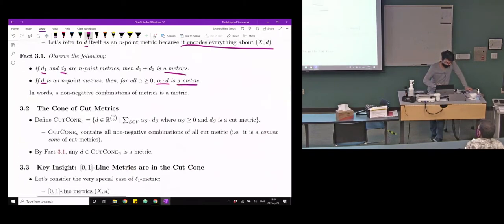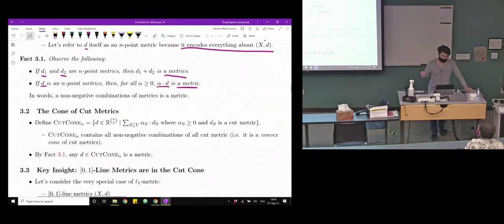All right. So in other words, if you have two metrics, any non-negative combination of them is a metric. Or if you have k different metrics, any non-negative combination of these k things is a metric too.